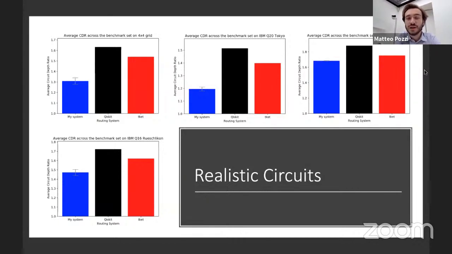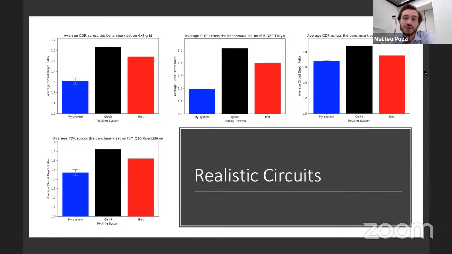And it's quite interesting to see that actually, Ticket is proprietary, so it's closed source. So there's not much information on how it works publicly, but it would seem that it performs better on realistic circuits, which is encouraging because those are circuits that people are generally actually going to run on a target machine. So it's nice to see the increased performance there.